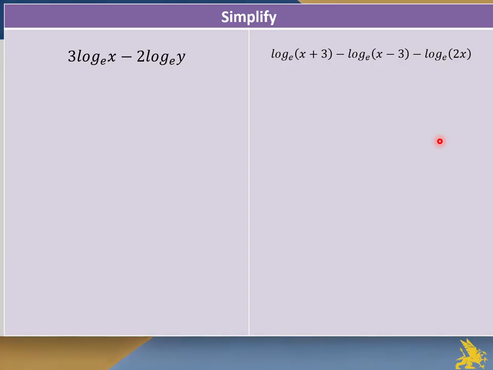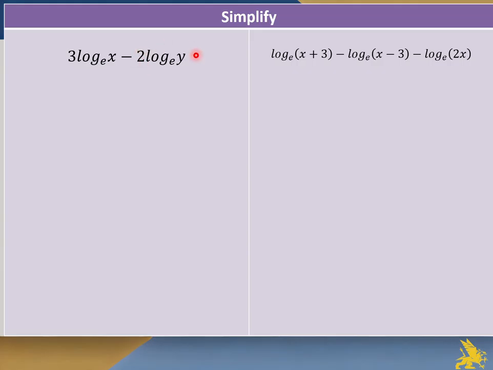If we look at this next question, we've got 3 log base e x, take away 2 log base e y. First thing we're going to do is make it in an easier form. So that means I'm going to use the power rule.